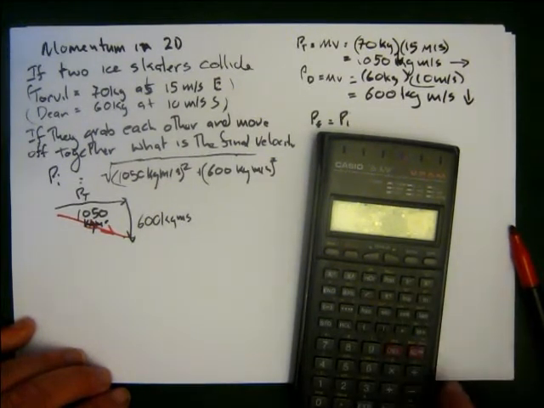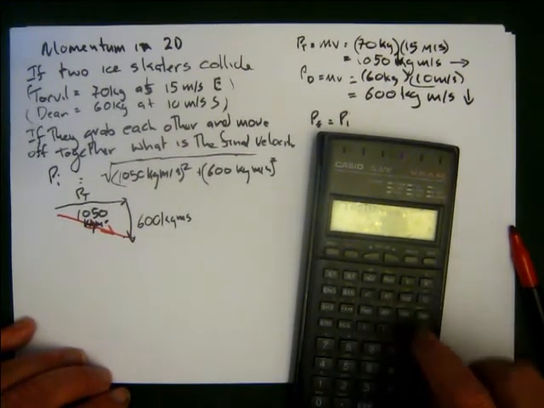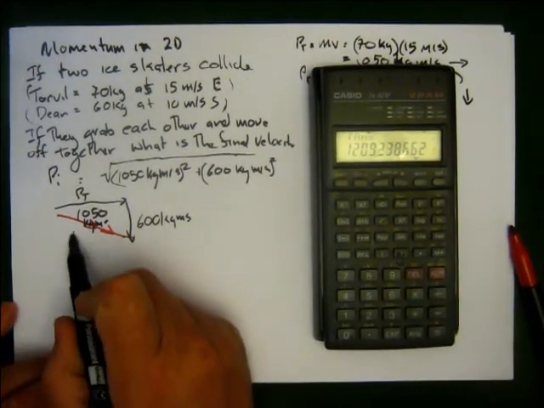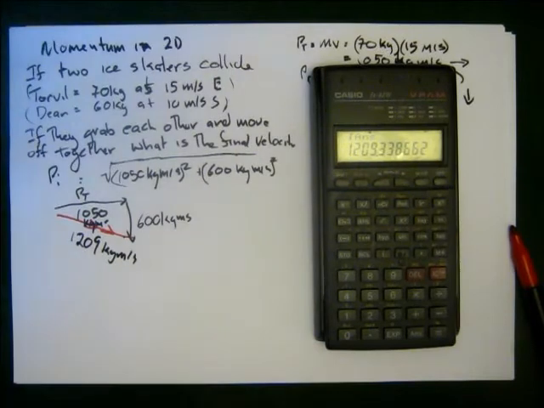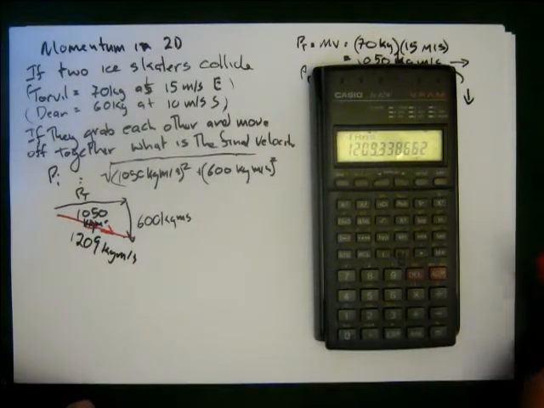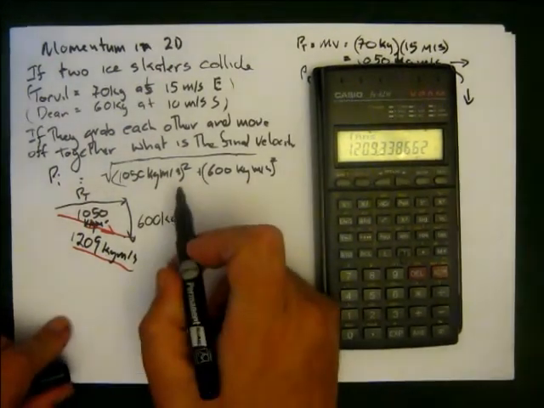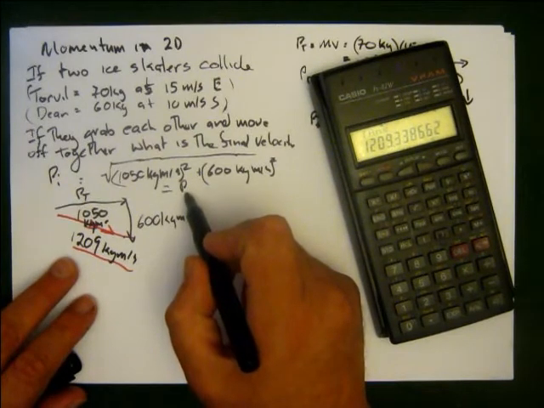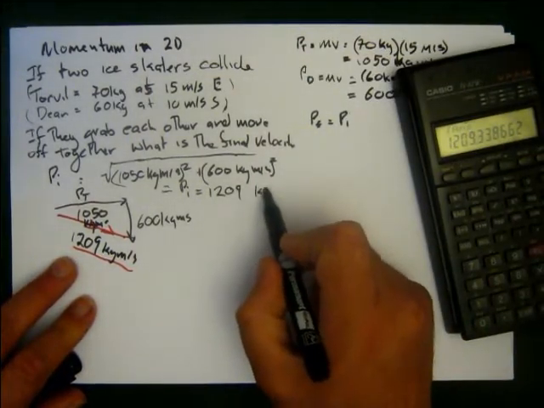So we're just using Pythagoras' theorem: 1050 squared plus 600 squared, take the root, is 1209 kg meters per second. So this here is going to be the size. P initial equals 1209. Okay, and the other thing that we need to know is the direction.